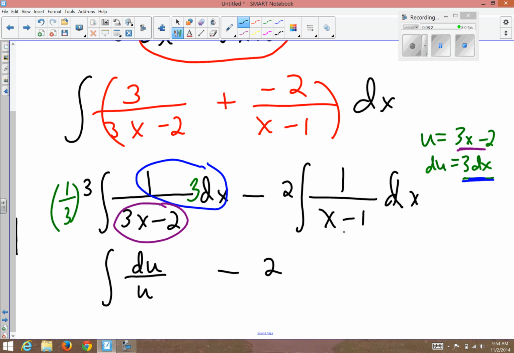The integral of 1 over x minus 1 dx is the natural log of the absolute value of x minus 1, because I'm thinking of making the denominator u, and then du would be 1 dx, which is what's there.